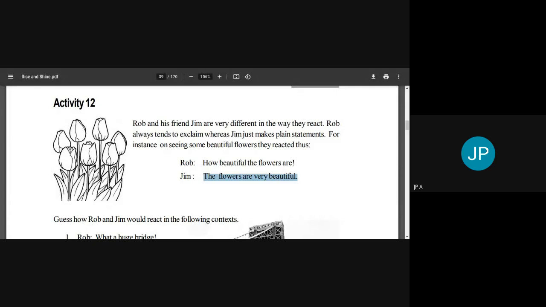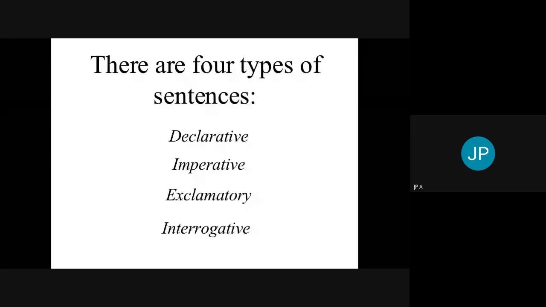These are the four types of sentences that we have. Declarative means assertive sentences. Imperative sentences means either an order or a request.